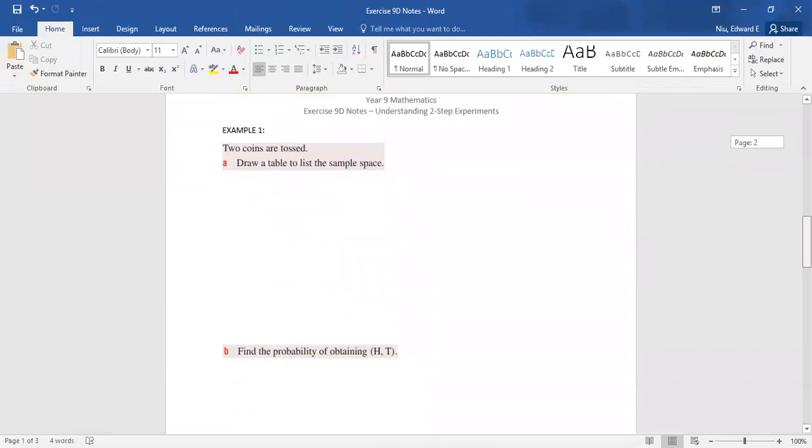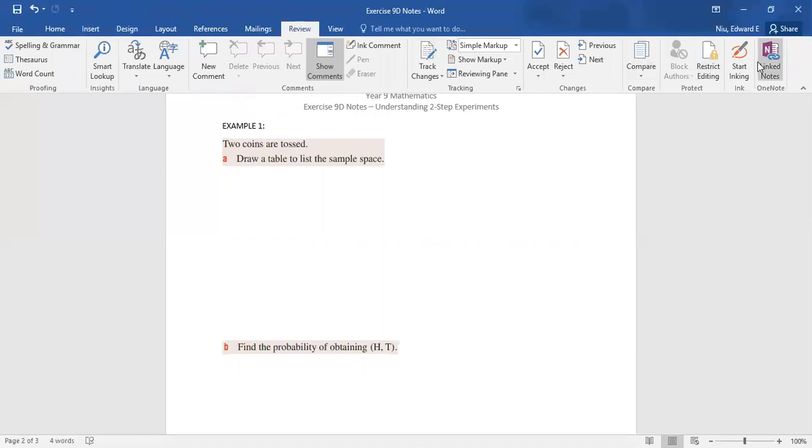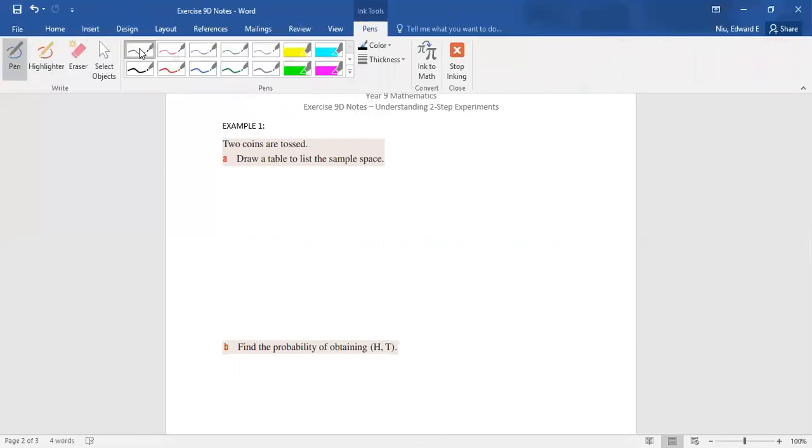So the first one is 2 coins are tossed. What we need to do is draw a table to list the sample space. A little bit time consuming, but we'll do it nice and quick now. So on a coin, you've got first toss. We'll put that as a heading, and then we've got second toss.